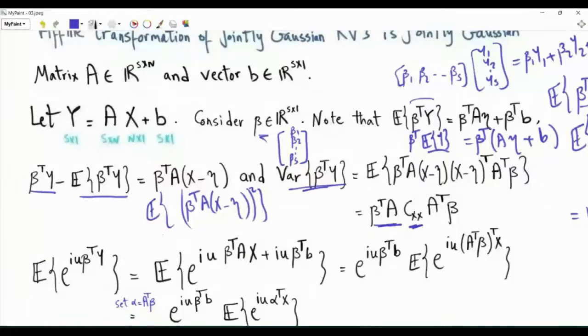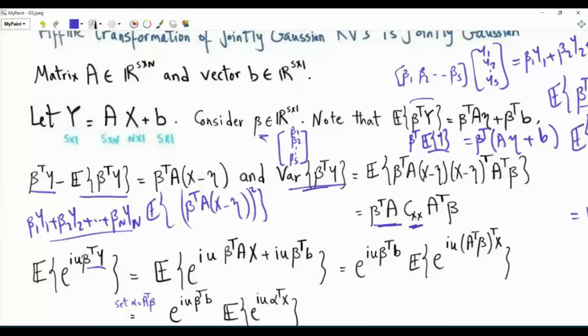So the strategy here is that I will construct a weighted sum of the components of vector y. What is this weighted sum? The weighted sum is beta 1 y1 plus beta 2 y2 all the way to beta n yn. So this is step one. This is a random variable.